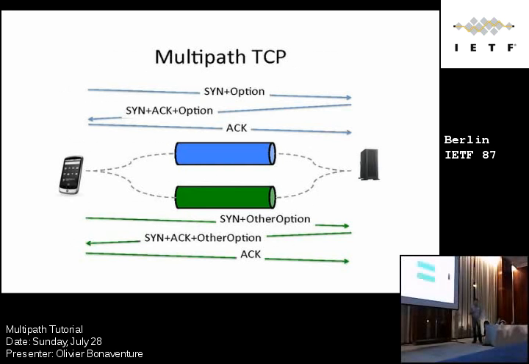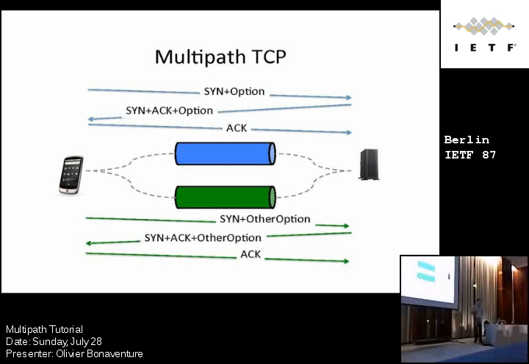So we have these regular subflows. Now, how do we open a multipath TCP connection? We will send a SYN over the first subflow with one option. The server will reply saying that it supports multipath TCP. So now the blue subflow has been established, and I can use it to send data. I can also decide to open the second subflow, which will be the green subflow.